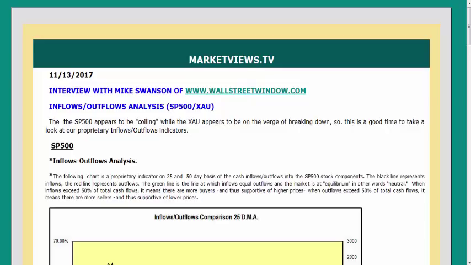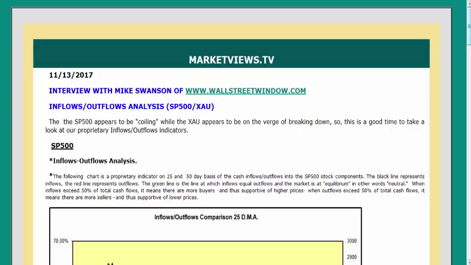Okay, well, let's talk a little bit about it before we go to the current readings. What this indicator measures is the dollar volume of every uptick and downtick for all the 500 stocks in the S&P 500 and also the XAU.